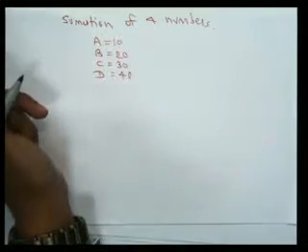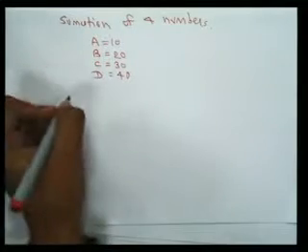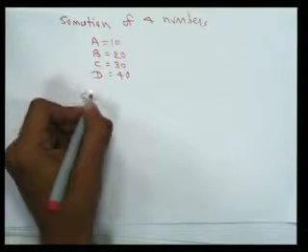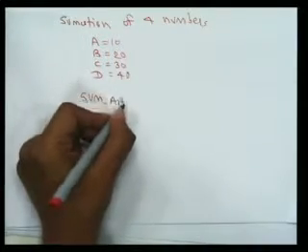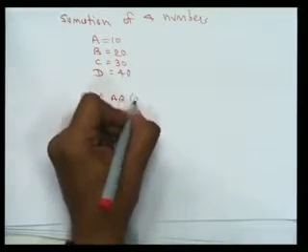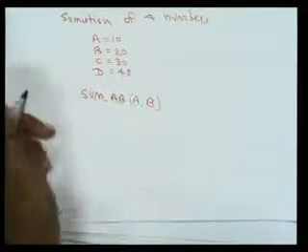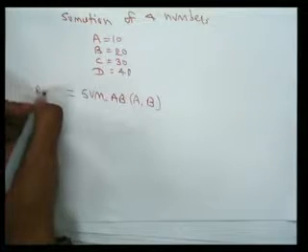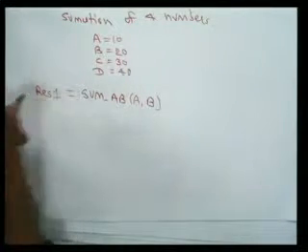To do the summation of 4 numbers, I will make one function, suppose sum_AB, which will do the summation of the first 2 numbers. The result of this will be stored in one more variable, result1.